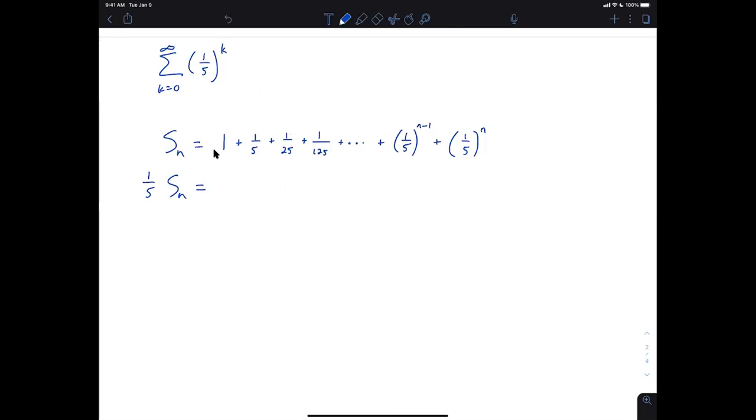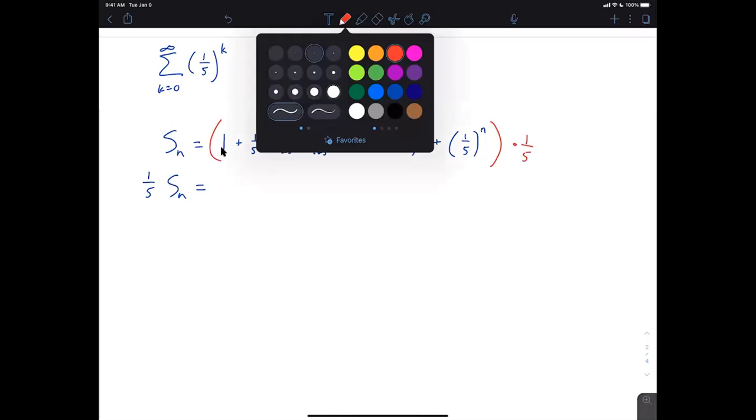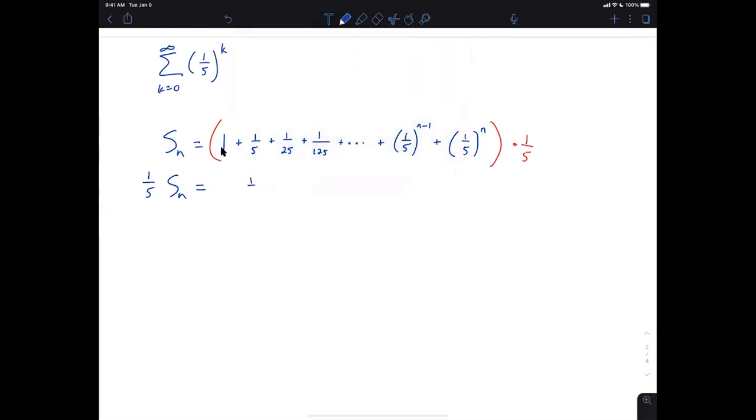I'll write it in red, but I want to erase this later. So I'm going to take this and do times 1/5. What do you do to that algebraically to simplify it? What do you guys think? You would distribute. Yeah, you would distribute. So if I distribute 1/5 to this first thing, I get 1/5. Just for fun, we're going to write it under this 1/5, but it's coming from this 1.